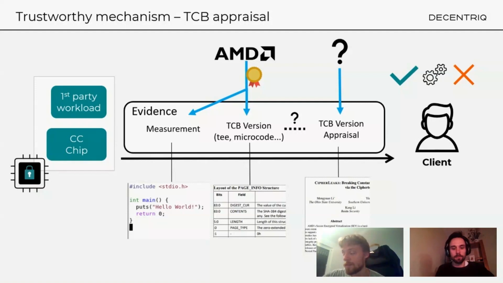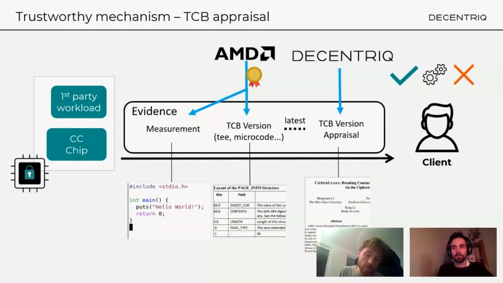So what did we do to work around this? We basically burnt into the verification routine for these attestations the exact version numbers that we're expecting, or either the minimum version numbers that we're expecting, and we try to keep this up to date.